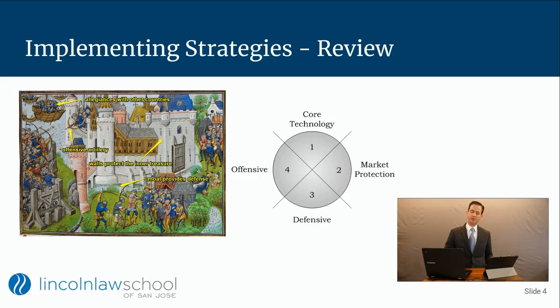As far as the slides are concerned, let's take a quick look at how we implement strategies. So going back to one of our prior lectures of the castle analogy, where we have offensive, defensive type strategies that can be applied, market protection, and the very first one that we discussed, core technology, the crown jewels of what we're trying to protect.